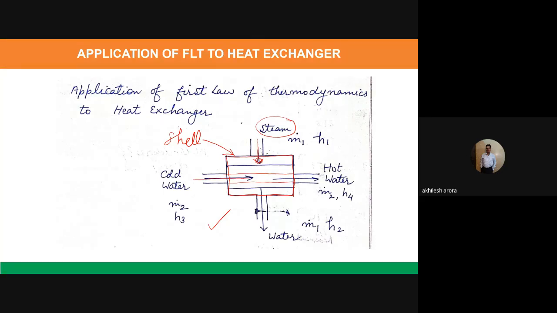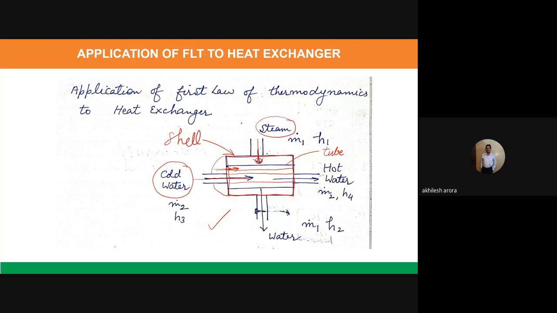There can be a number of tubes here. This is also another tube, so I can make it in this particular shape also. The water is also flowing through this tube. Whereas the steam is entering into the shell, the cold water is flowing through the tubes.